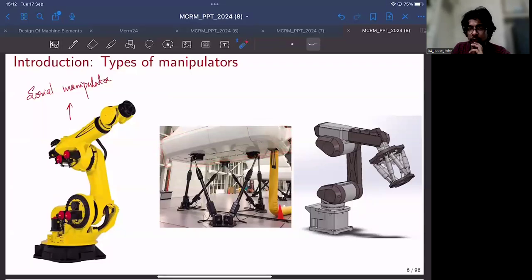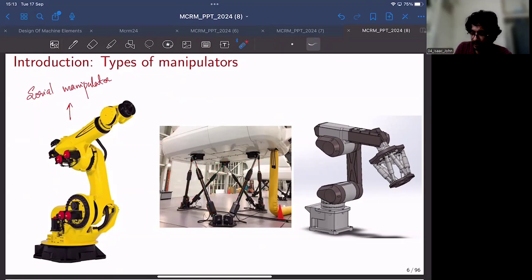So in this case, in the middle of this slide, what you see here is a parallel robot. The defining feature of a parallel robot is that a base frame, or the ground, is connected to a moving platform using several legs. In one way, you can consider these individual legs as serial robots, and a parallel arrangement of such serial mechanisms constitutes an entire parallel mechanism.